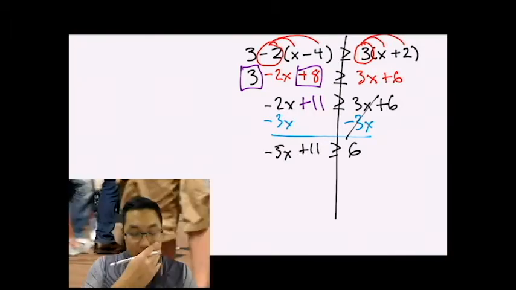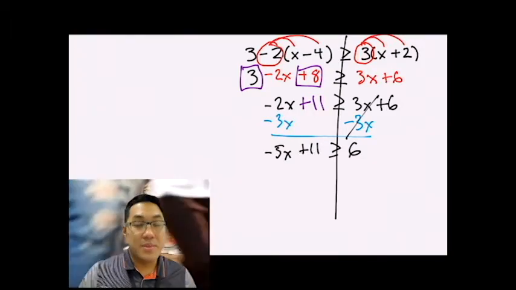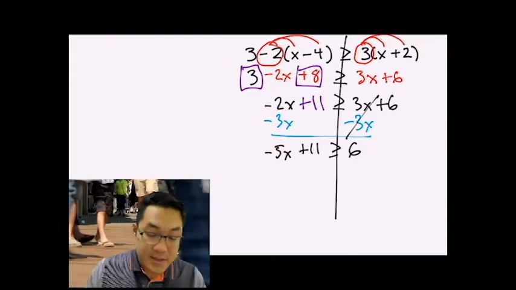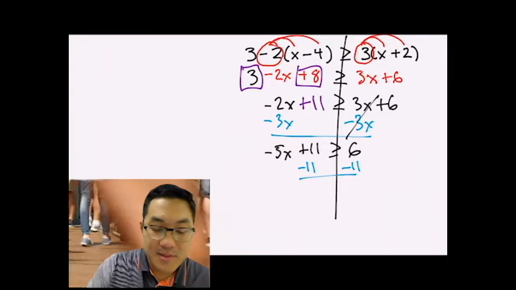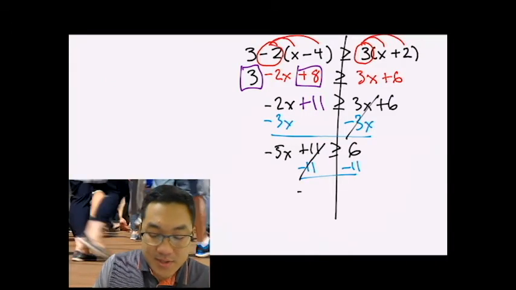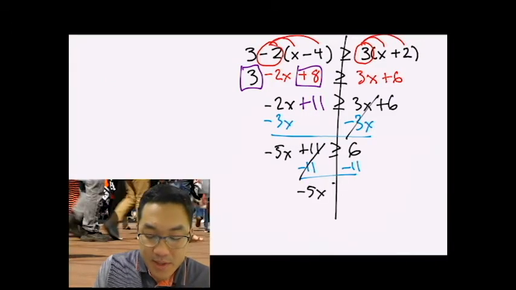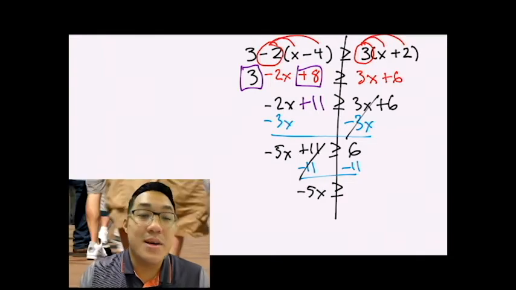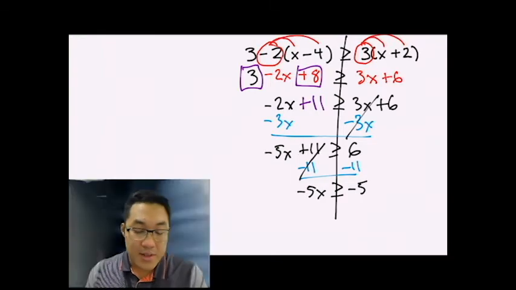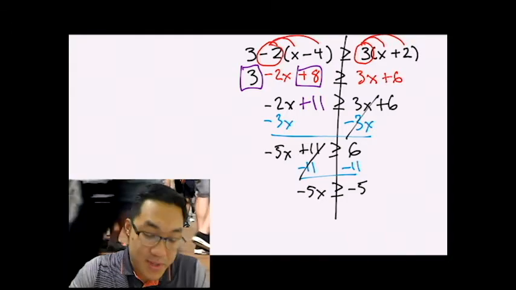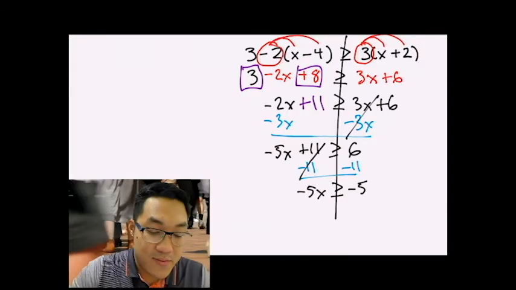Continue on. Now I've got to get the numbers on the right side, so let's cancel this 11 by subtracting 11 from both sides. This gives us negative 5x greater than or equal to 6 minus 11, which is negative 5. The very last step, I gotta split up the negative 5 and x, so divide.